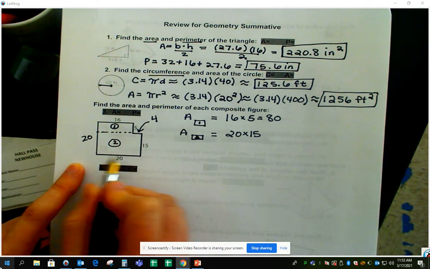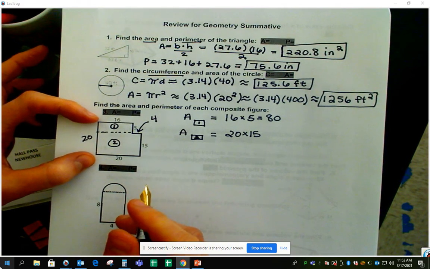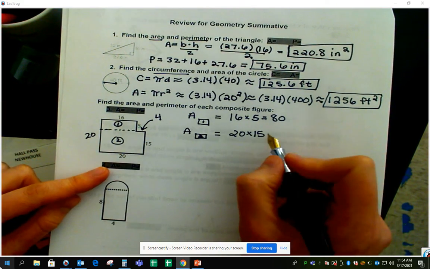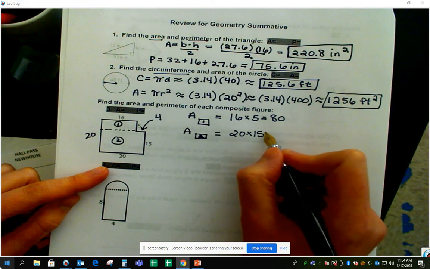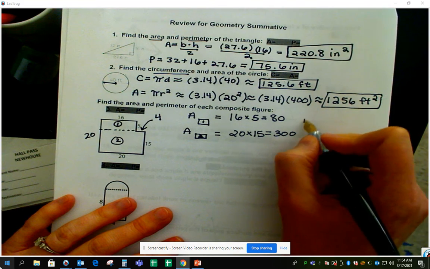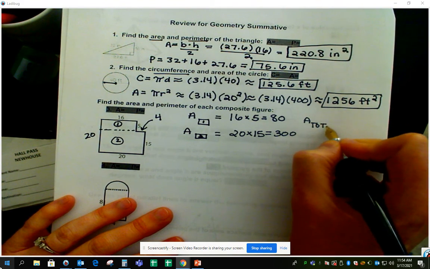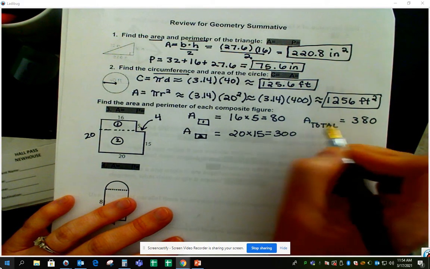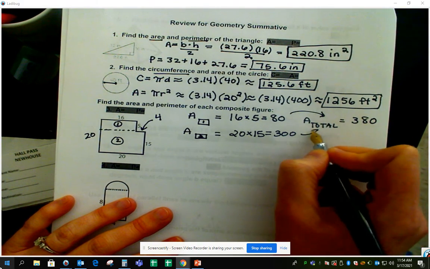Make sure that you don't do 20 times 20. 20 includes this entire length, and I'm only looking at this part. So 20 times 15 is 300. And then the total area would just be those two added together. So 380.